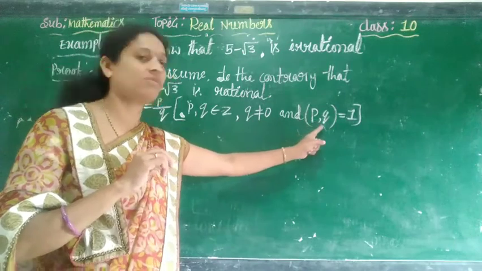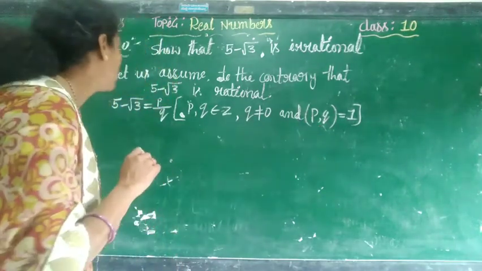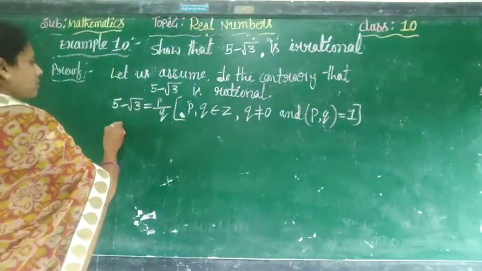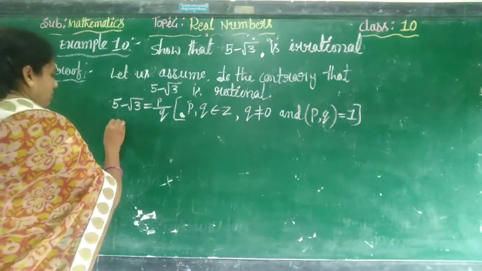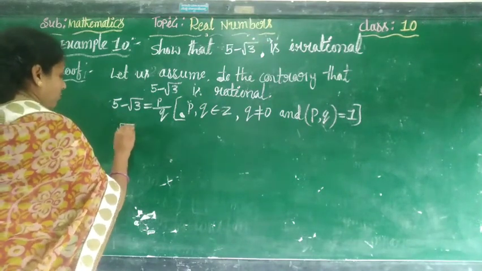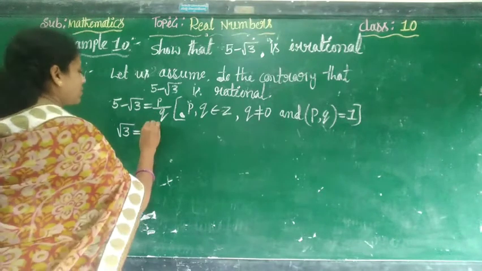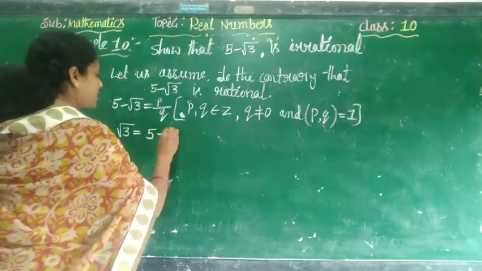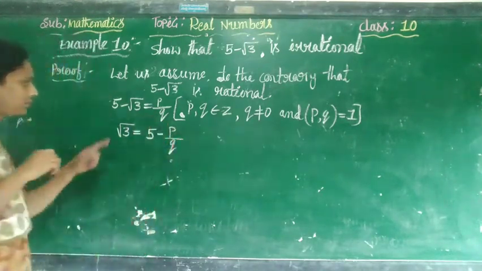There is no other common factors of p and q other than 1. So root 3 is equal to 5 minus p by q.